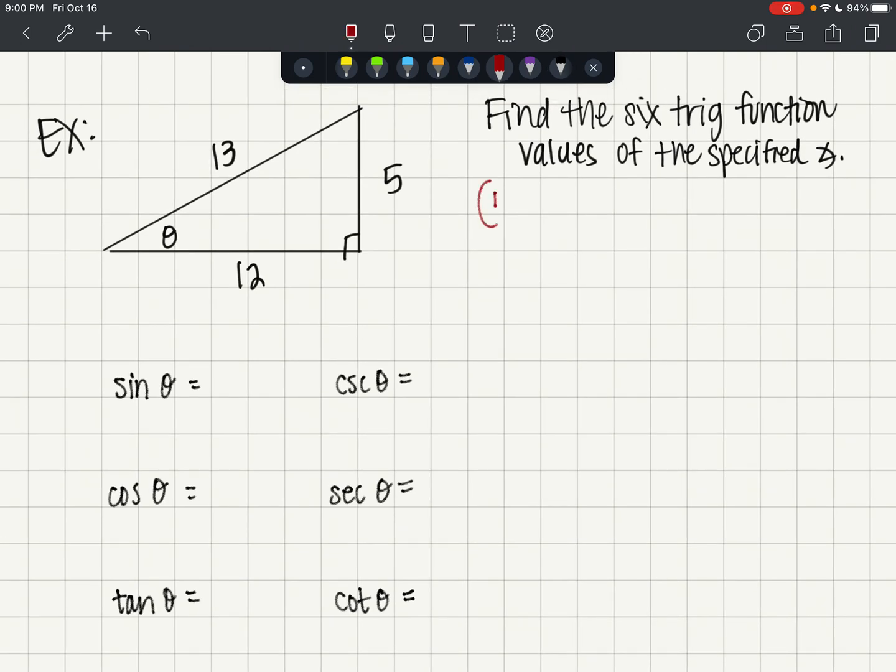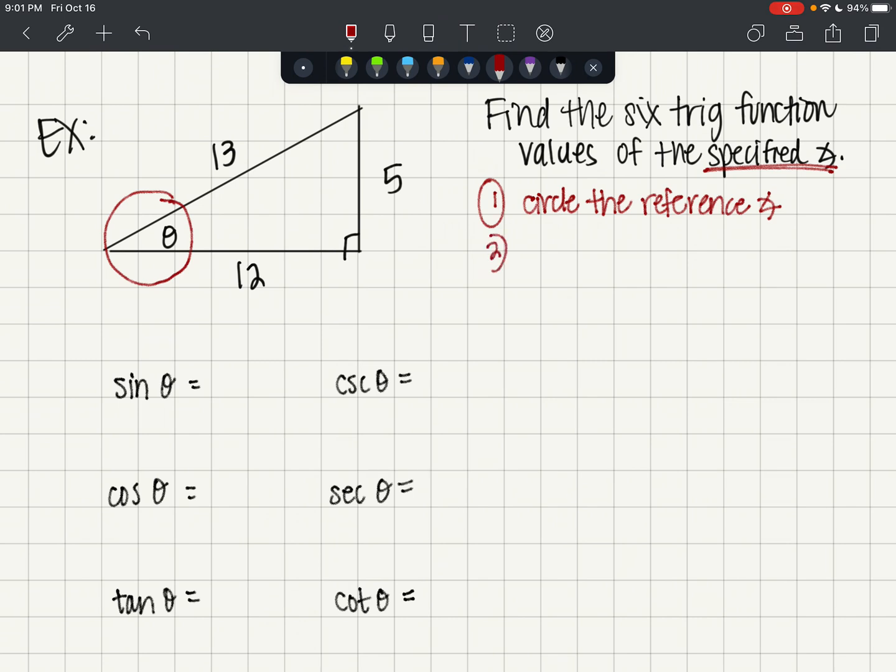Step 1, the specified angle, I'm going to draw a circle around that specified angle, which I'm going to call the reference angle. So the specified angle is theta. I'm going to draw a circle about that angle.